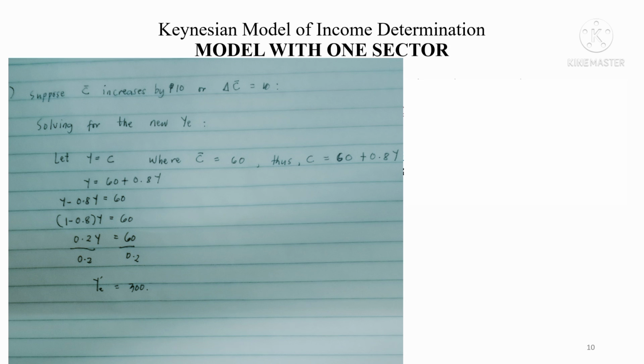If we multiply the value of the multiplier and the change in C bar, that is equal to the change in the equilibrium level of income. So 5 times 10 is 50. So the effect of the increase in autonomous consumption, or C bar, is the increase in the equilibrium level of income by 50.